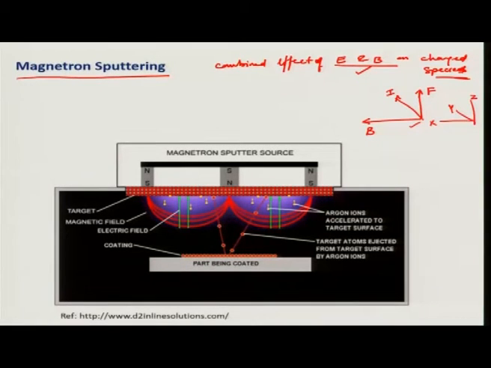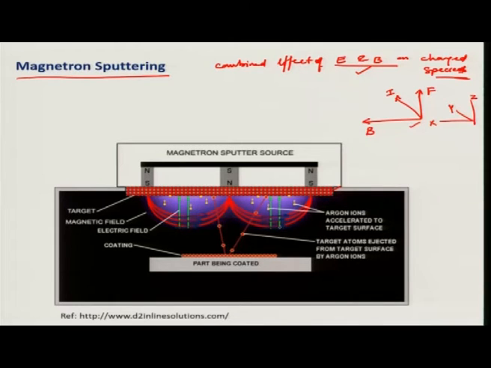Now, let us come to this picture which describes the magnetron. In this, we have a target here, which is represented by red dots, and there is a magnet behind. The design of the magnet is such that these magnetic field lines are these parallel lines here.